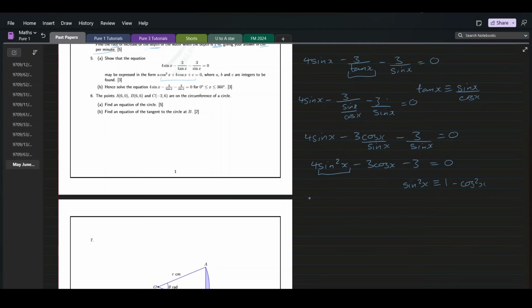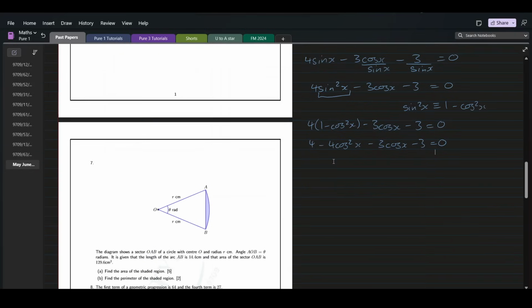So this becomes 4 times (1 minus cos squared x) minus 3 cos x minus 3 is equal to 0, and so that's 4 minus 4 cos squared x minus 3 cos x minus 3 is equal to 0.